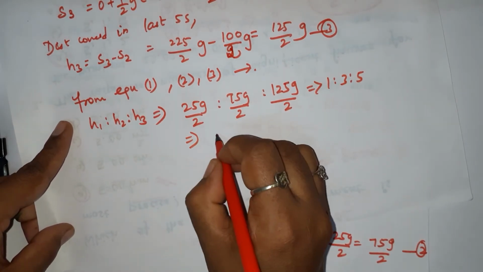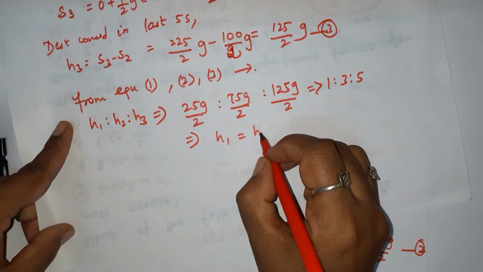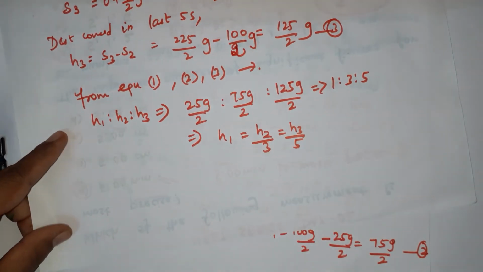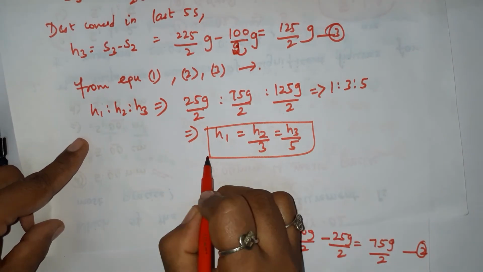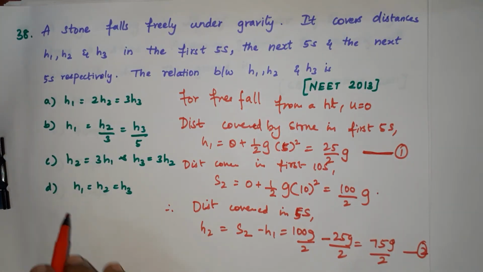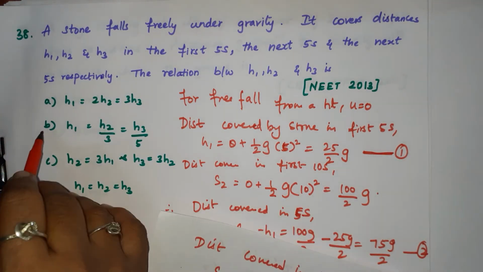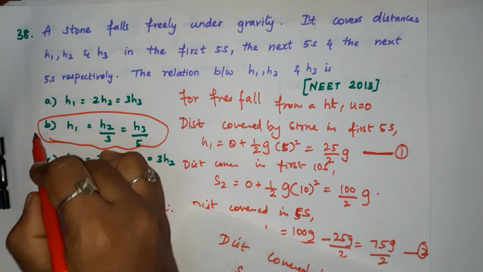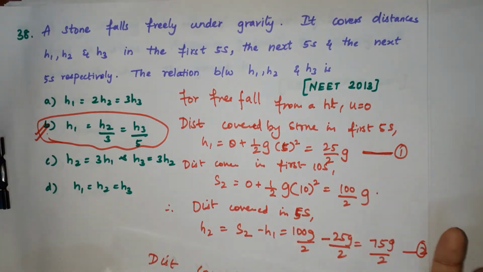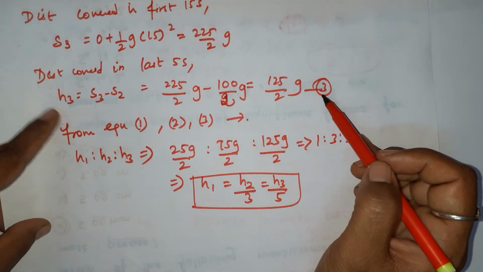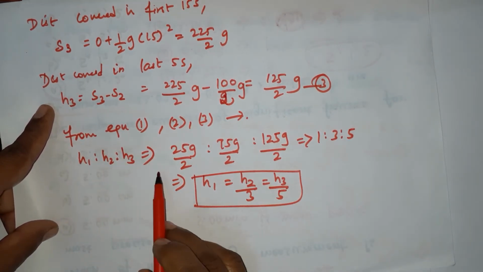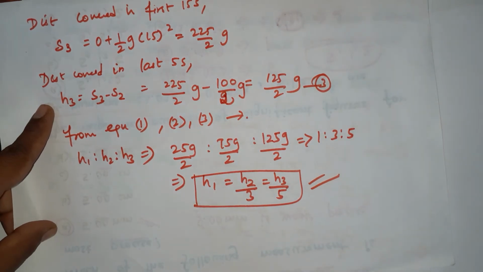That is h1 equal to h2 by 3 equal to h3 by 5. So we have the option B. This option is right. Please check the free fall from a height, that is u equal to 0. Distance covered for first equation, second equation, third equation, find out the ratios between all three, h1 is to h2 is to h3. We get the final answer from this.